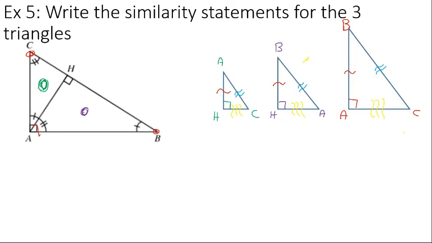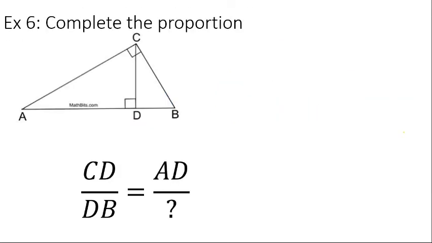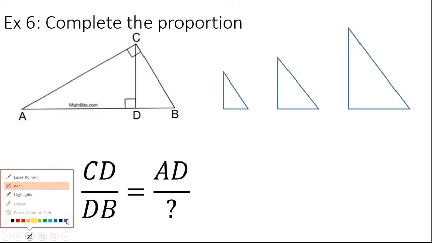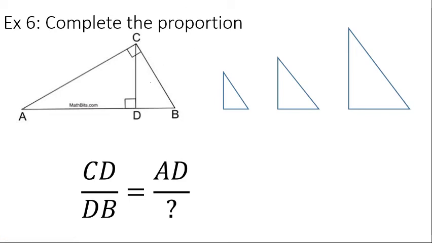All right, example 6, you want to complete this proportion. Okay, so again, let's create our triangles here so you can know what goes where. Okay, so let me start with the small triangle here.